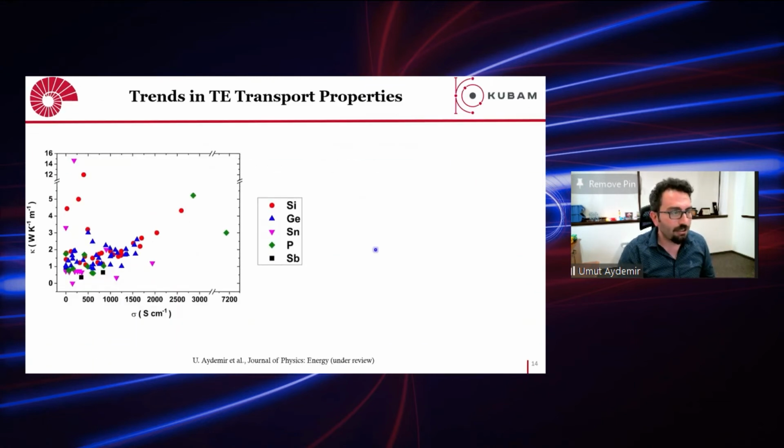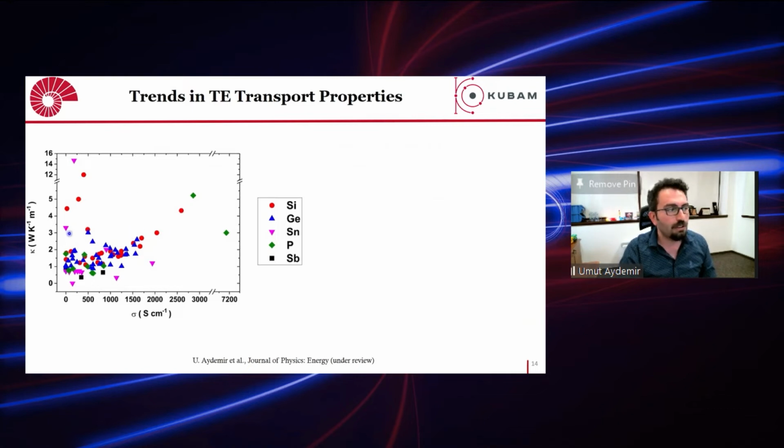The clathrates being very complex, with complex structures having a high number of atoms, basically show this low thermal conductivity. This is the phonon glass electron crystal nature of these materials.